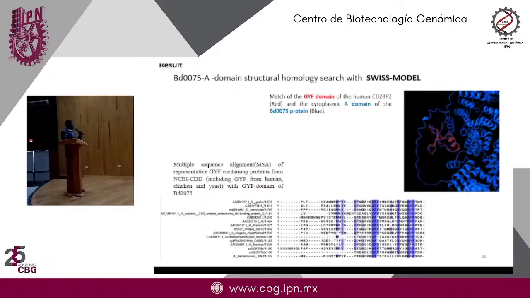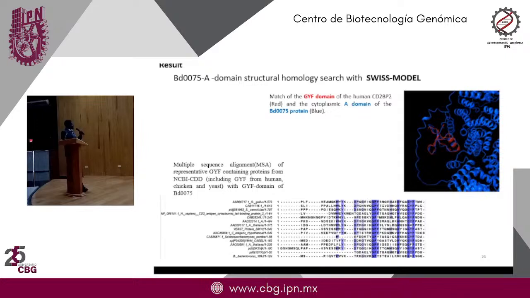So we did a structural homology search with Swiss model, and we found an interesting result. We found that this domain corresponded to the GYF domain in humans, which is the CD2 binding protein domain, shown in red. And in blue, we see the 0075 protein, and this portion of the blue is the A fold.